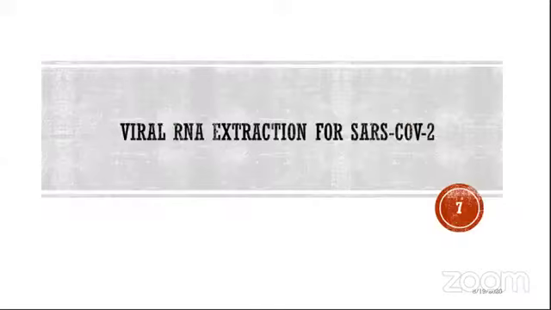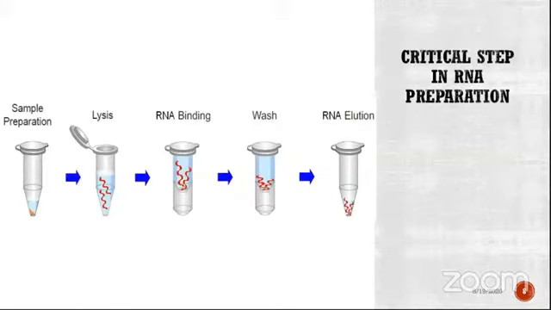Viral RNA extraction for SARS-CoV-2. Yesterday, we learned how to collect the samples, how to take the nasopharyngeal swab, and how to sort the samples. Now, we have a VTM vial containing the nasal swab with the suspected COVID-19 sample.